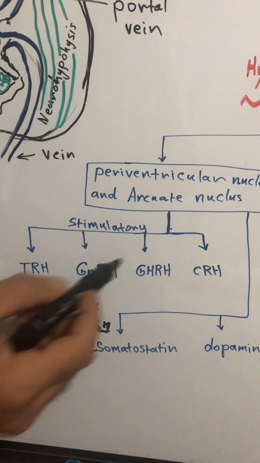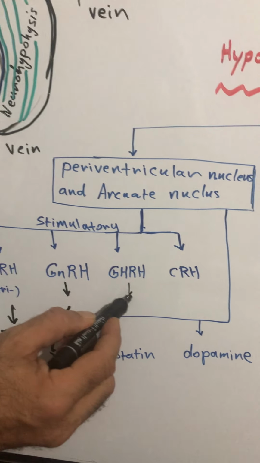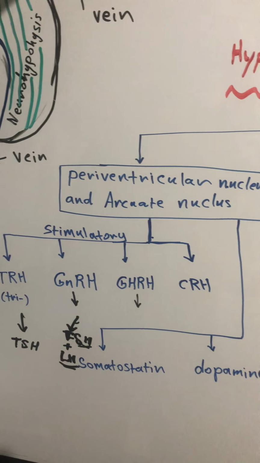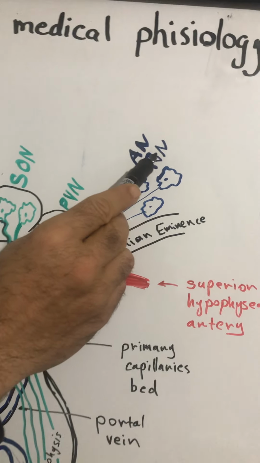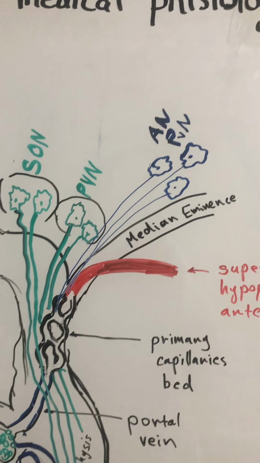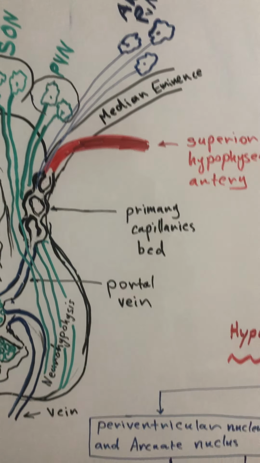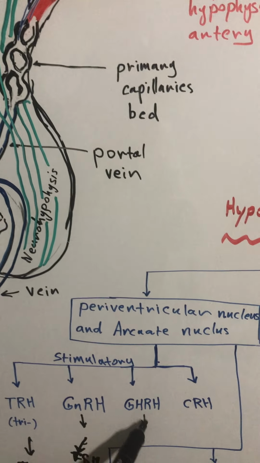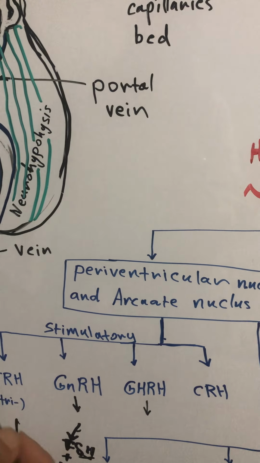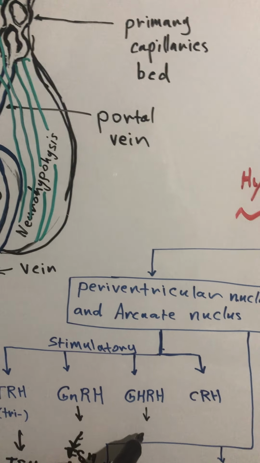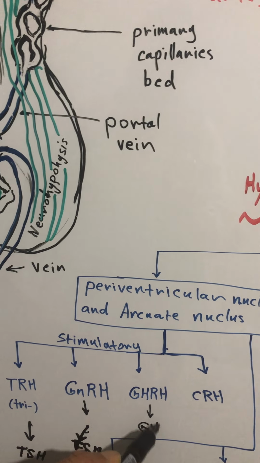male. The third hormone of the hypothalamus that is released once again by the neurons found in the arcuate nucleus and perivertebral nuclei is the growth hormone releasing hormone. This hormone will affect the somatotrophs in the anterior pituitary gland to release growth hormone.